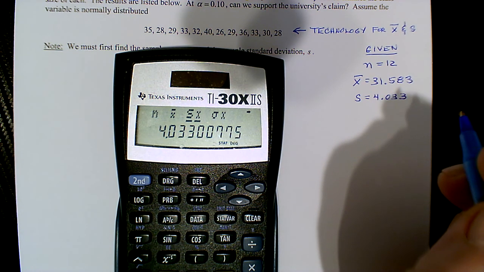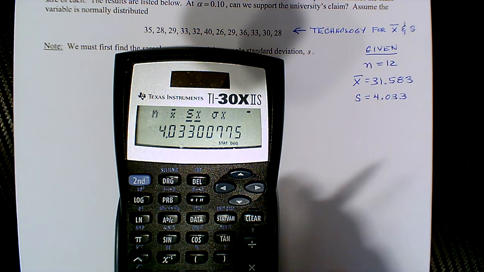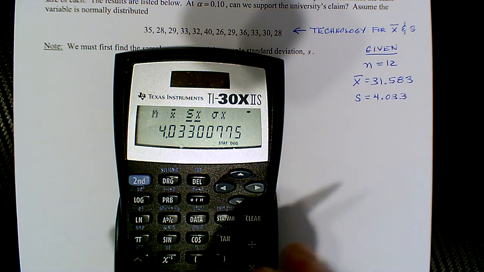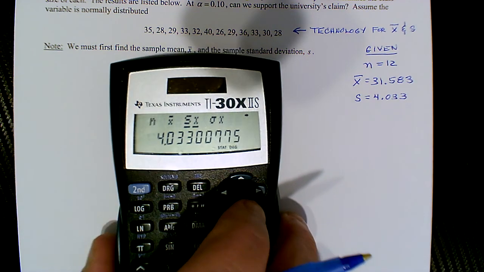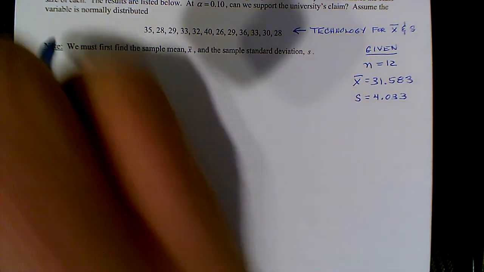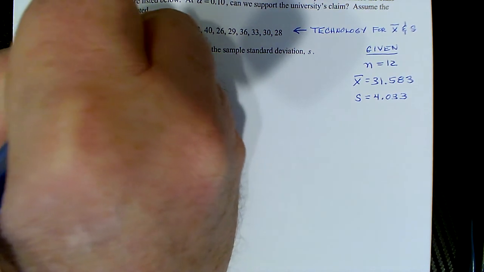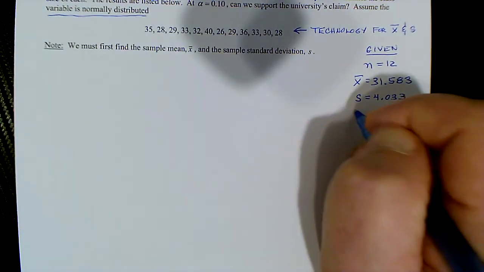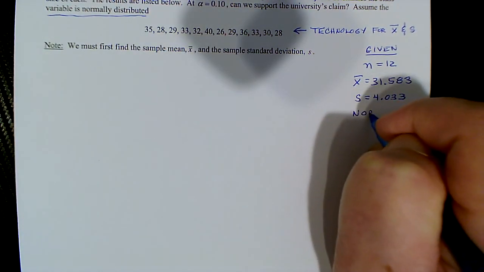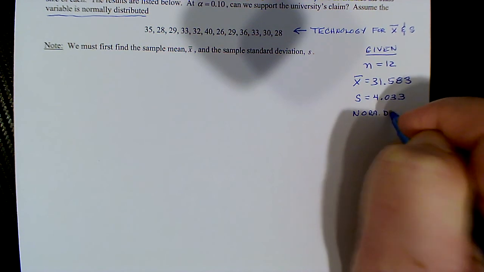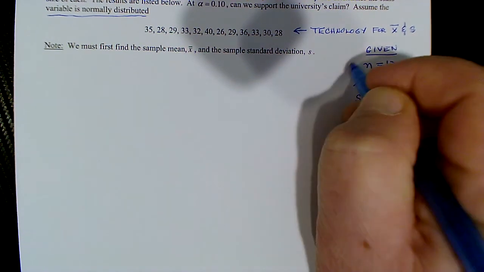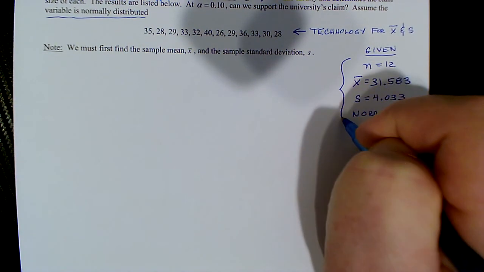And we should assume, okay, because this would be a problem otherwise. I guess it's not mentioned in the problem. Oh, yep, it is, thank goodness. Assume the variable's normally distributed. Okay, because we need that when n is not greater than or equal to 30.